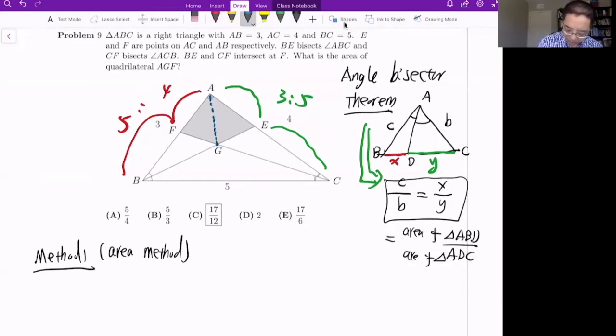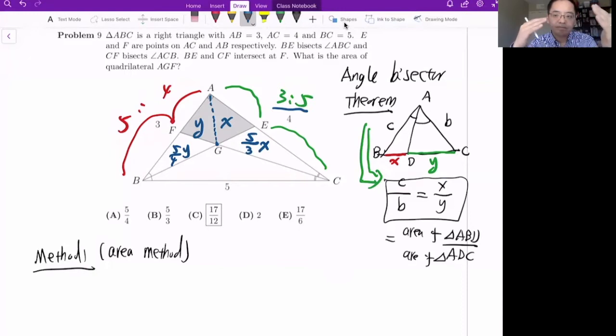I put this part's area as X, and this part's area as Y. Because the ratio is 3 to 5, the area of this one will be 3 over 5 times X, and the area of this will be 5 over 4 times Y. That's because if two triangles share the same height, the ratio between the areas is just the ratio between corresponding sides.